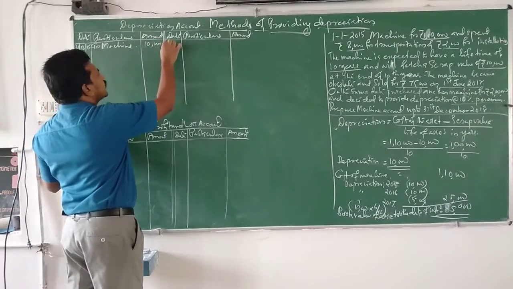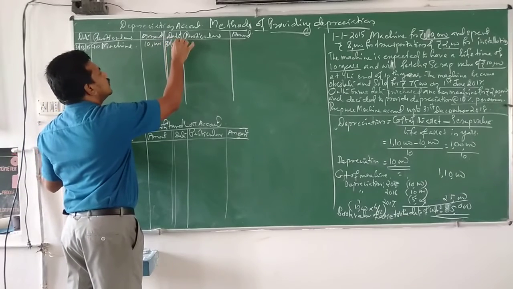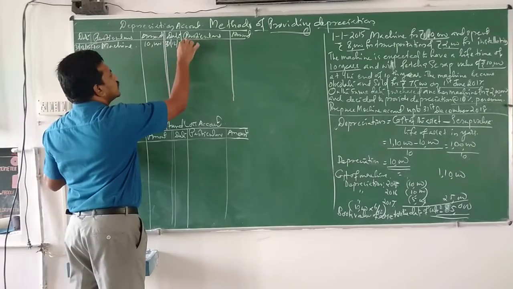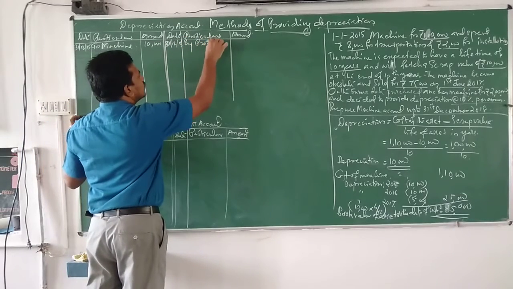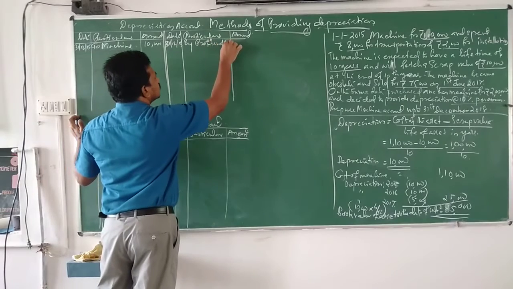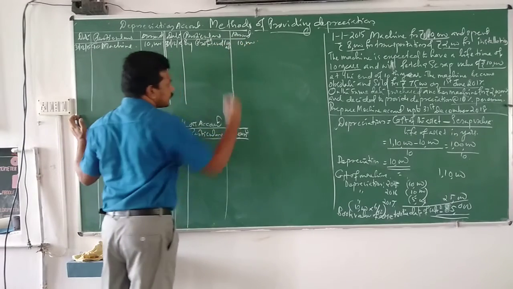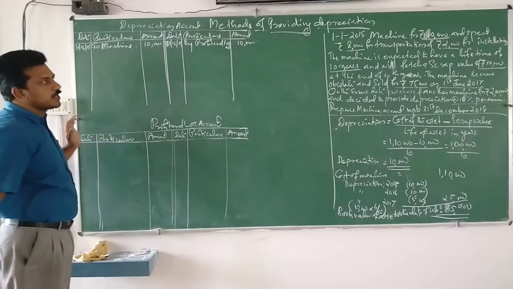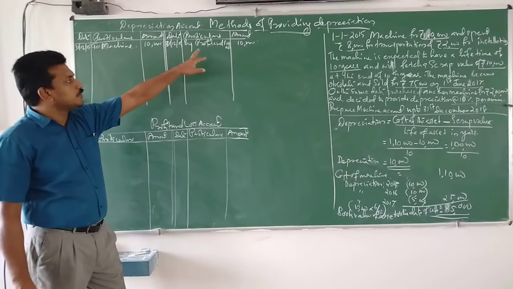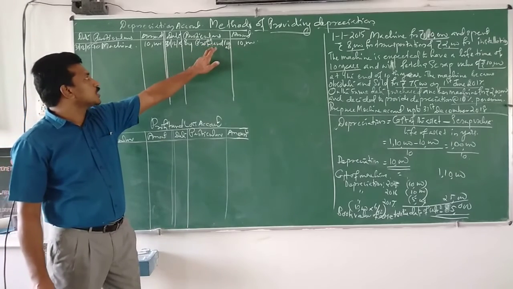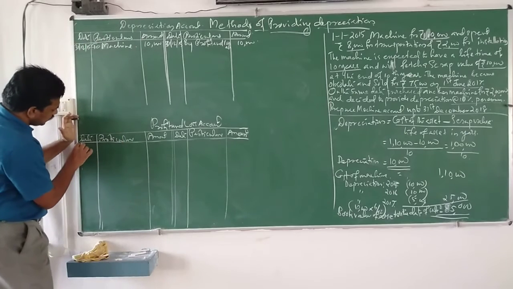Then on the same date it will be transferred to profit and loss account, 10,000. So here is the profit and loss account. This journal entry is to be transferred here. What is the journal entry? Profit and loss account debtor to depreciation.